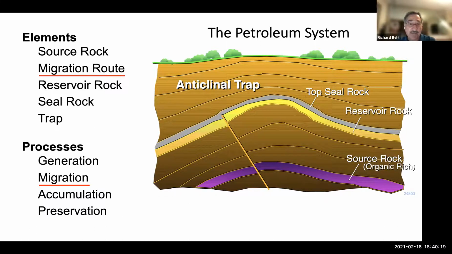But besides these elements, there are processes involved. Those processes are generation of the hydrocarbons by maturation of the originally marine or lacustrine organic matter; migration out of the source rock through the migration pathway and ultimately into the trap; accumulation; and then preservation, because all traps leak and eventually they get eroded, and the petroleum trapped within them gets destroyed.